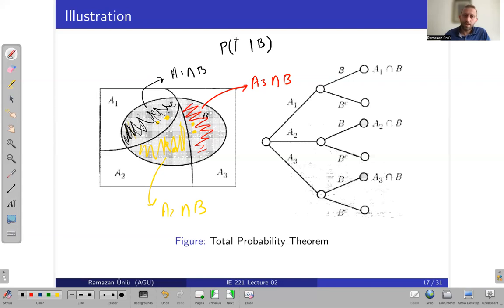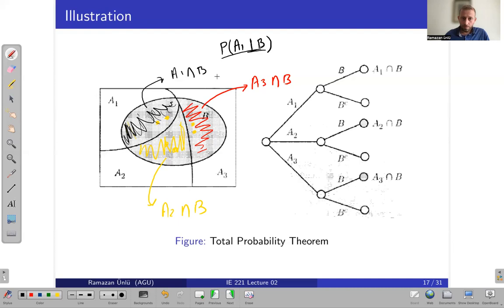This is the mathematical representation of what I'm asking: I'm choosing a point, and that point belongs to B. What is the probability that a point coming from B also belongs to A1? So I'm asking simply this: the probability of A1 given B.